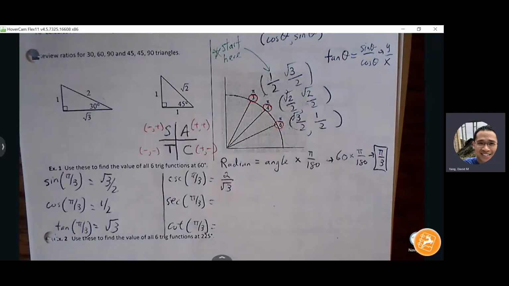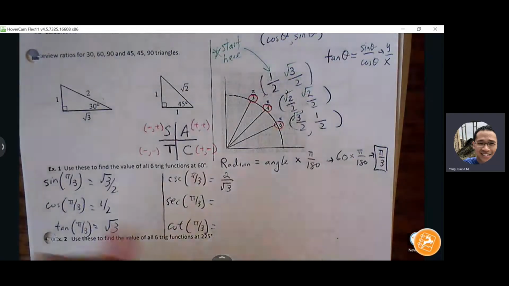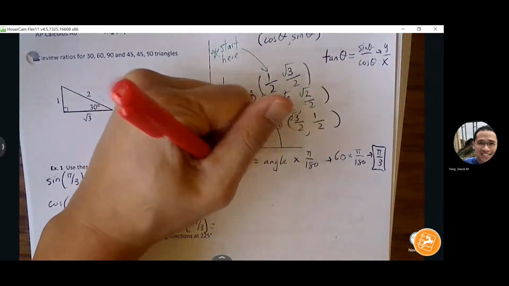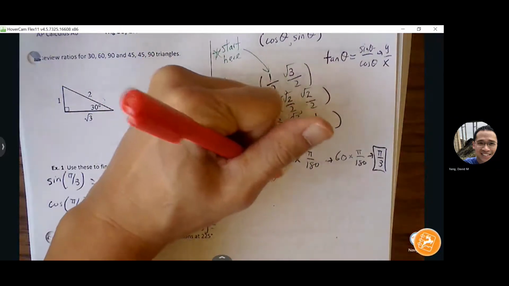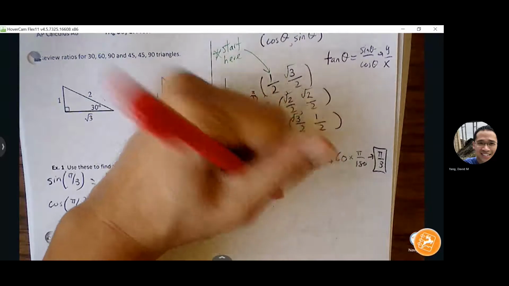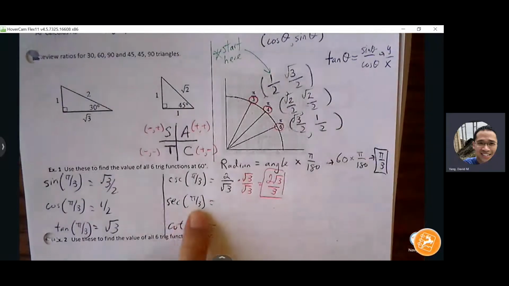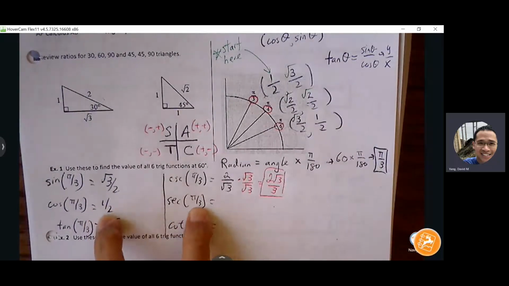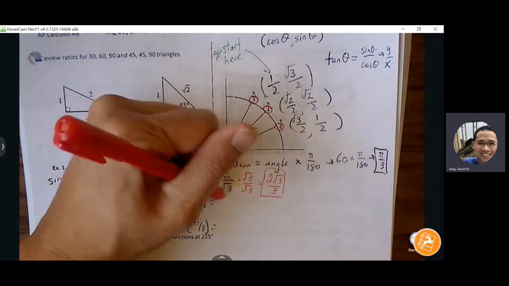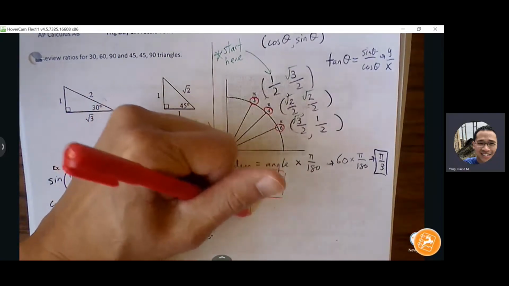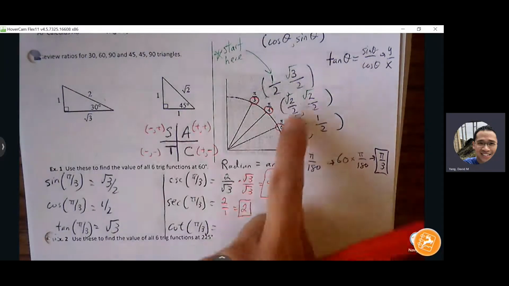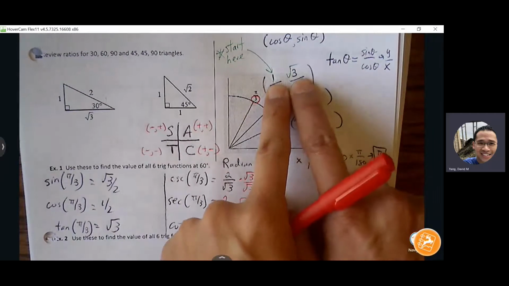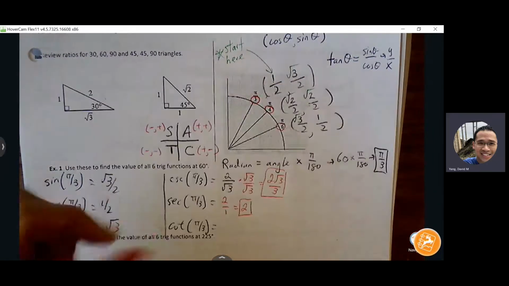To make it more recognizable, we can rationalize the denominator. Secant is the reciprocal of cosine. Just take cosine and flip it, 2 over 1. Cotangent, either flip tangent or think of it as x over y, cosine over sine, 1 over root 3.